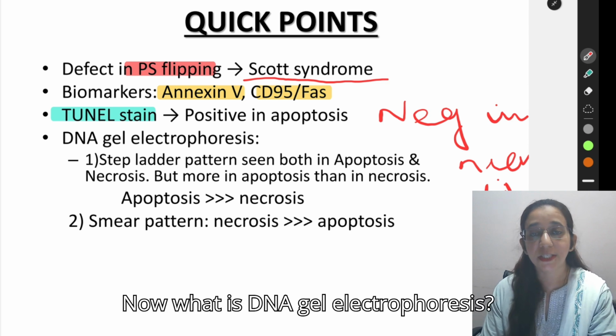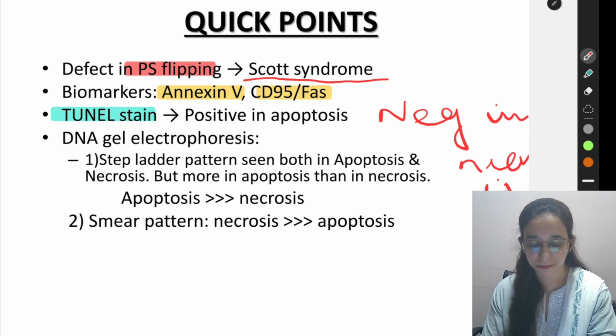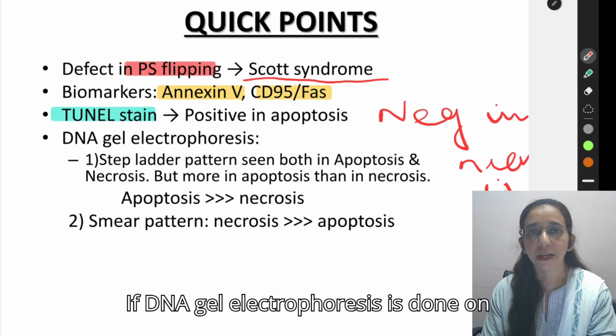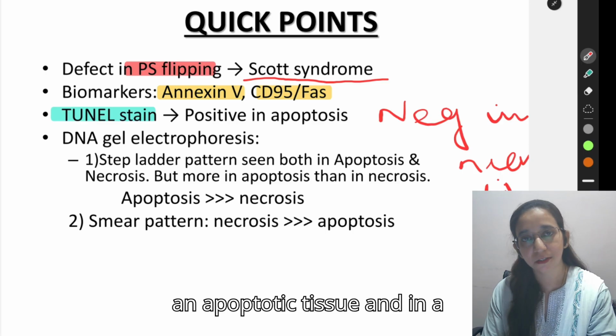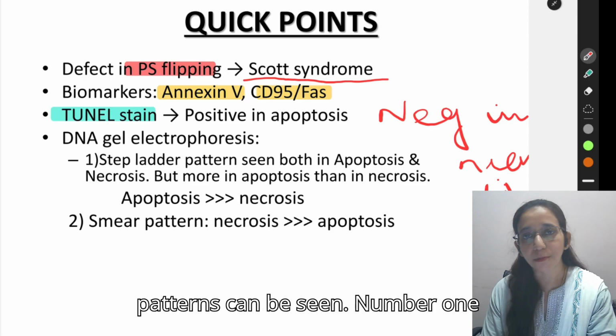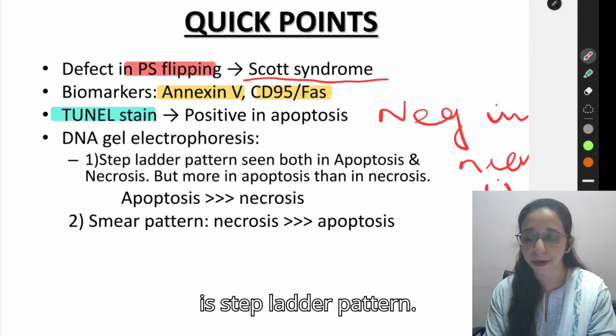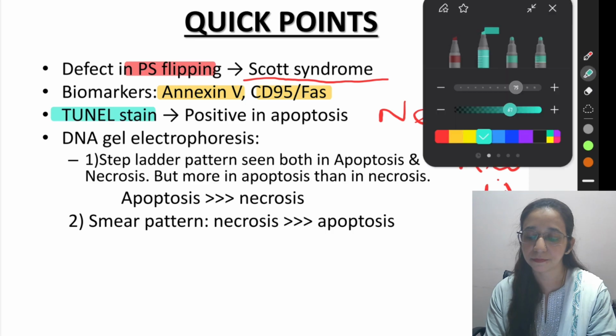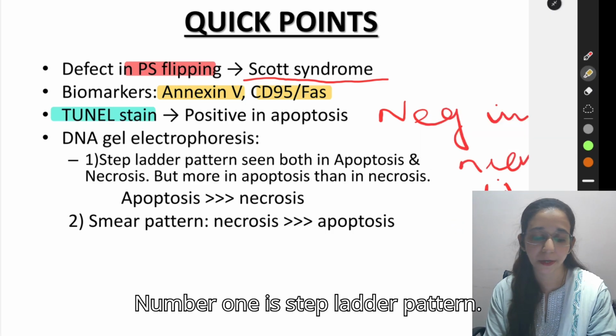Now, what is DNA gel electrophoresis? If DNA gel electrophoresis is done on an apoptotic tissue and on a necrotic tissue, then two types of patterns can be seen. Number one is the step ladder pattern.